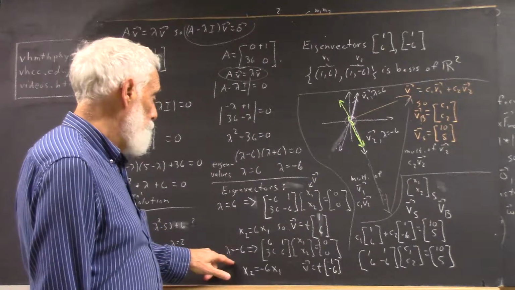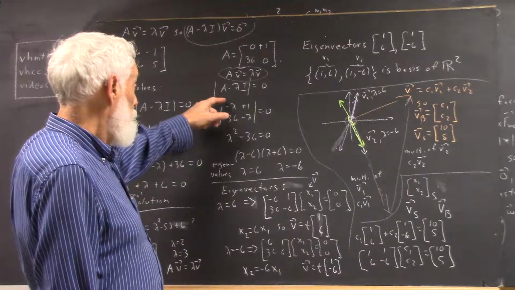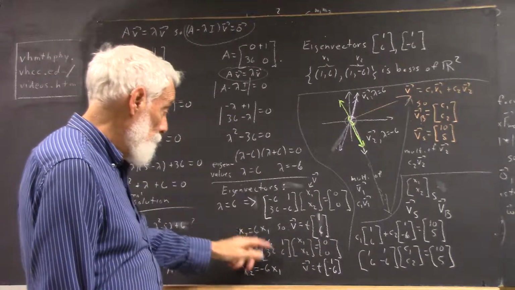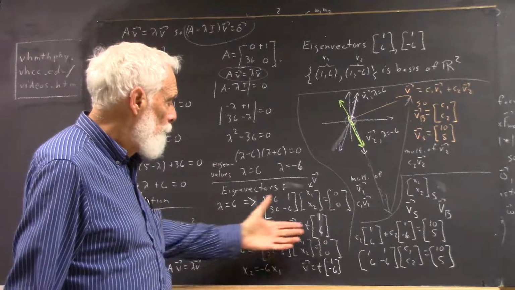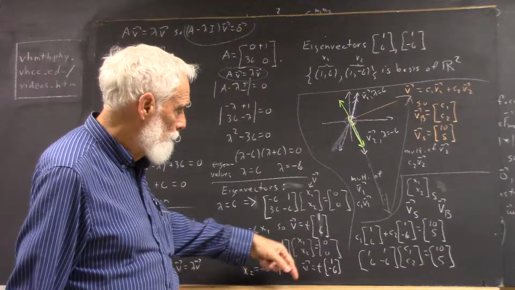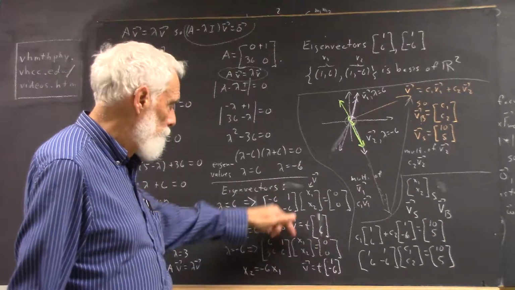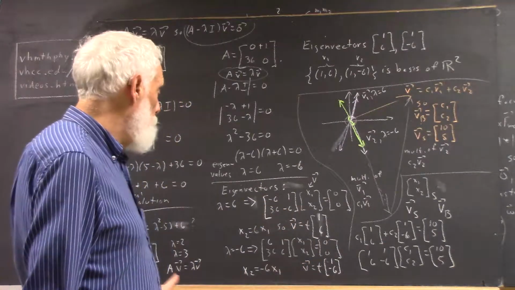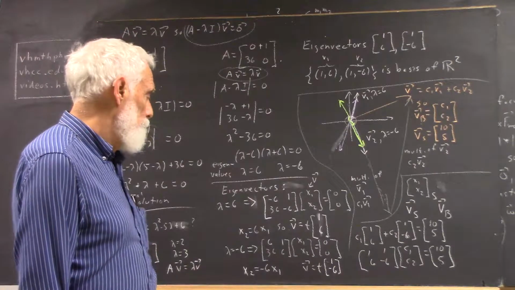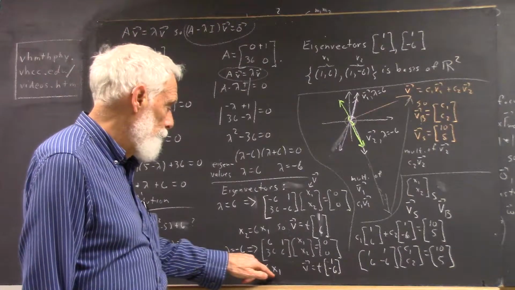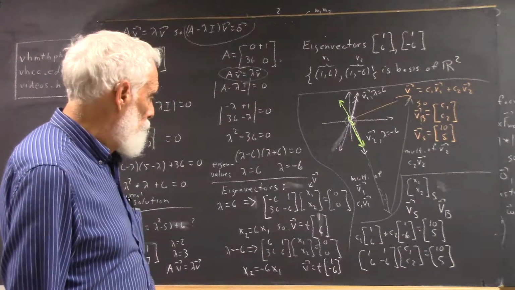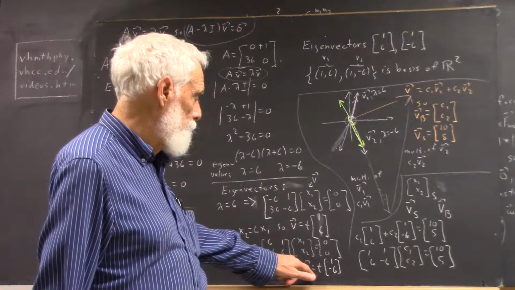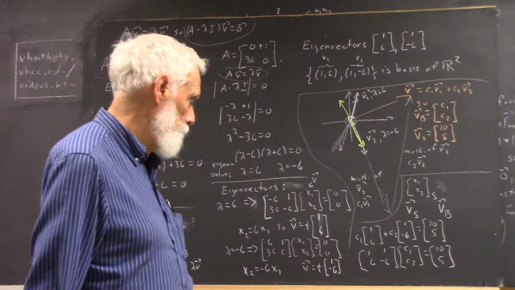Okay, eigenvalue negative 6. Well, then our negative lambdas would be 6, and we'd have this equation. And both of the equations you get, first row times column equals 0, second row times column equals 0, both of those equations can be reduced to x2 equals negative 6x1, so that our eigenvector in this case is t times 1, negative 6.